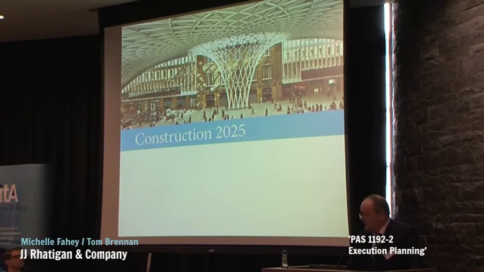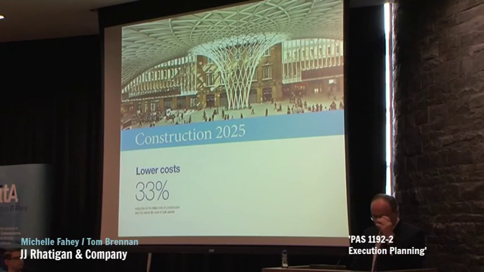Just to look then at the UK Construction 2025 targets. In our UK operations, we integrate the targets for 2025, and essentially these are broken down into three areas. There's a 33% target for lower costs. Now this deals with the initial cost of construction and also the cost of the life cycle of the asset.